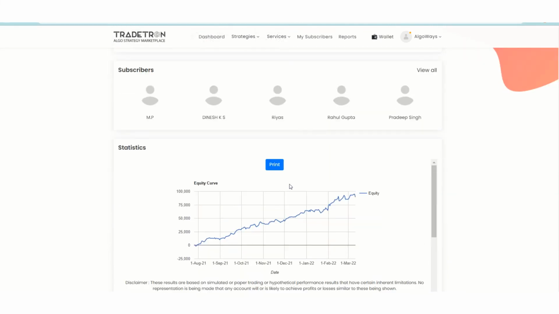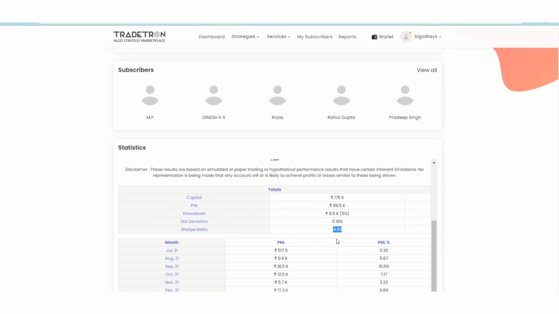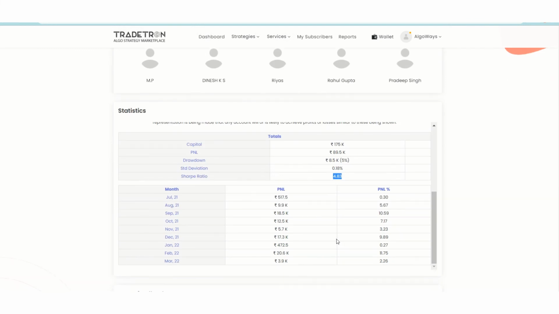You can say it's not very smooth, but it is not that bad as well. The drawdown has been 5%. It was 4.1% in the backtesting, and the Sharpe ratio is 4.83. It was around 5 in backtesting, so it is going good, and it has been giving consistently around 6% kind of return since it started on TradeTron.